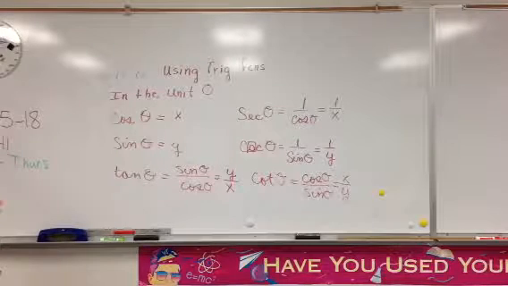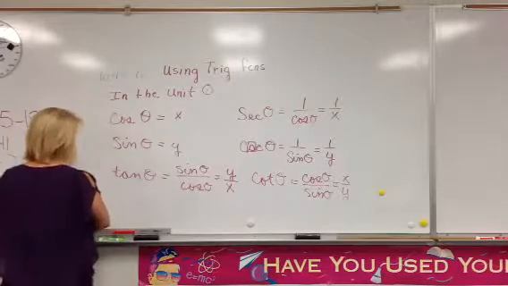I'm not going to spend any time on those. We did a whole worksheet on those, so I think you should be okay with those. Any questions on them? Okay, now we're going to move out of the unit circle.